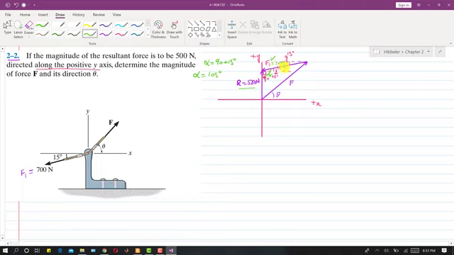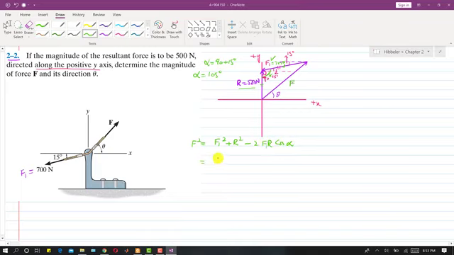So we know these two lengths and the included angle, so we can find the magnitude of this F using the cosine law. So F squared will be equal to F1 squared plus R squared minus 2 F1 R cos of the included angle. The included angle is alpha.